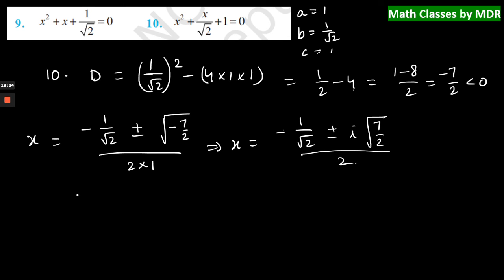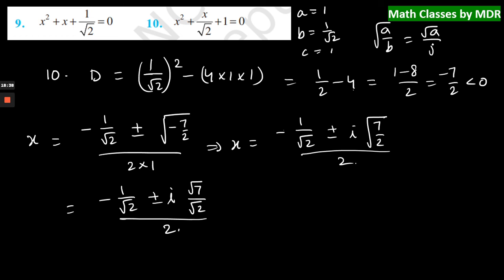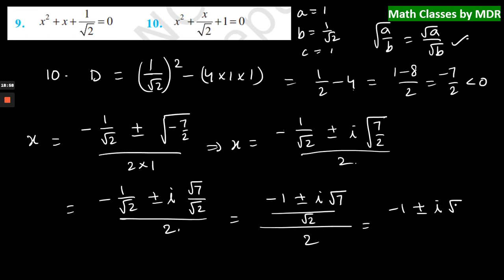You can take i common here, and then minus 1 by root 2 plus or minus i into root 7 by root 2, by using the property that root of a by b can be written as root a by root b. So now further you can take the LCM here, and you will get i root 7 by root 2 whole divided by 2. So minus 1 plus or minus i root 7 by 2 root 2 is the required answer.